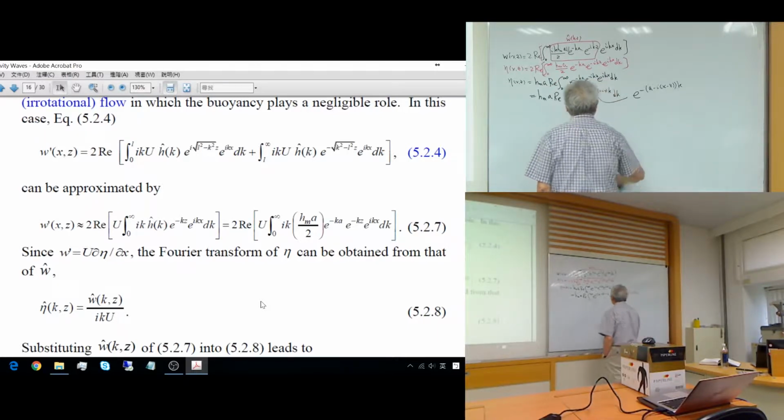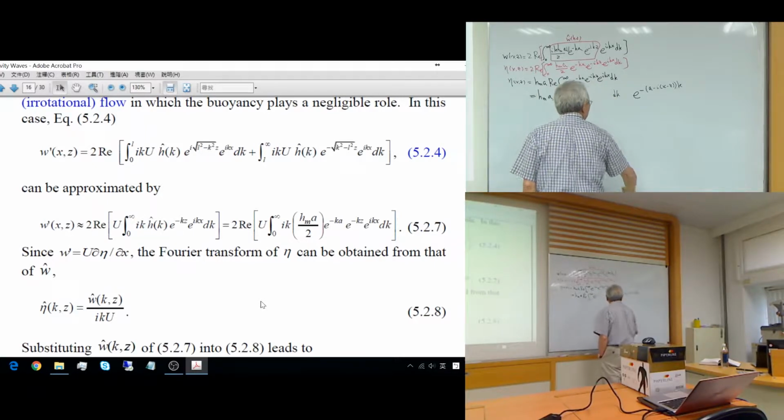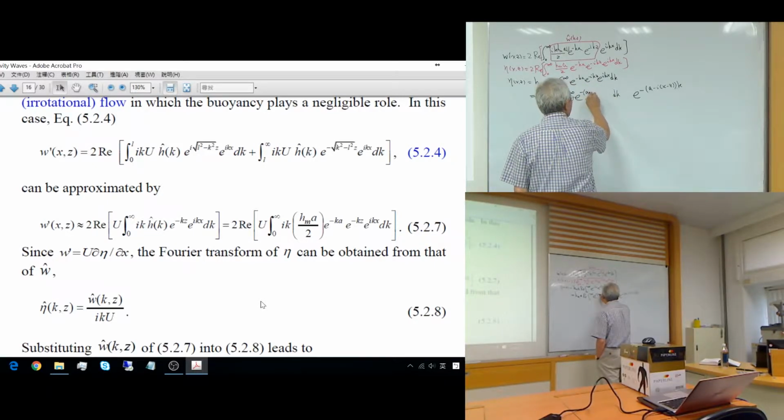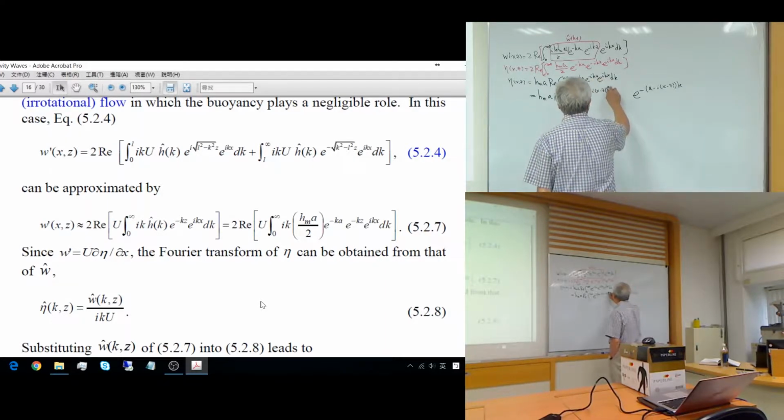So this can be written as minus a minus i times x minus g. It's changed a little bit odd, but it's probably correct like this.